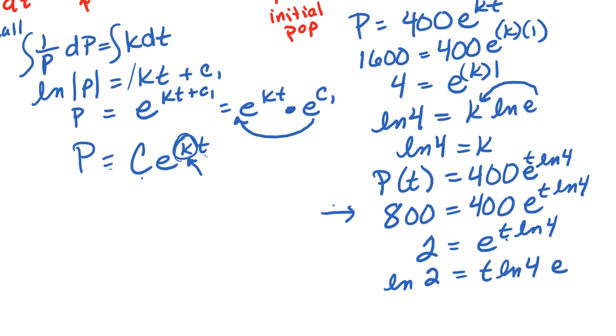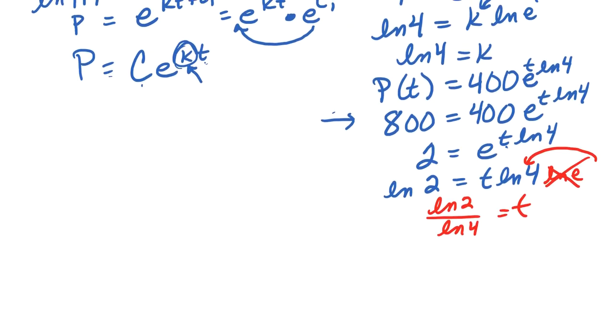And the natural log of e would be a 1. So you wouldn't necessarily write that, but I brought the exponent down in front. So to solve for t, we would have ln of 2 over ln of 4. And not because you can divide those, but because they are powers of each other. So 4 is 2 squared.